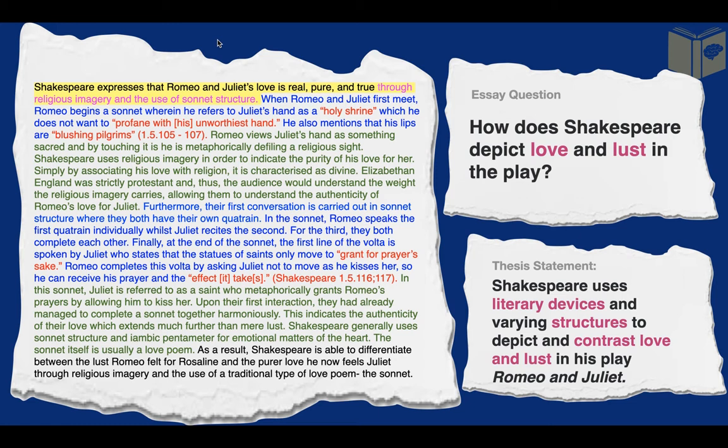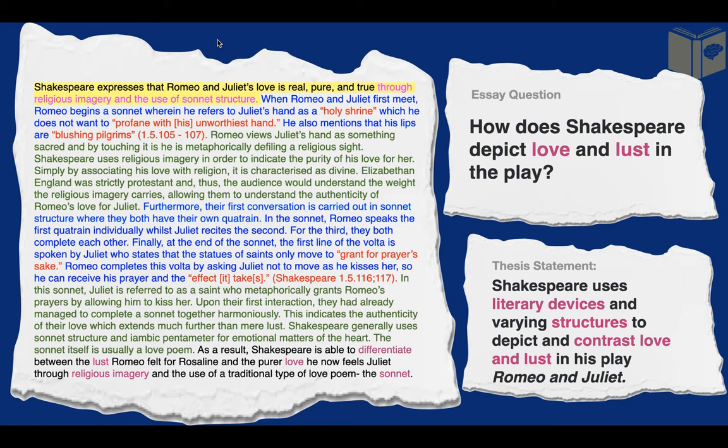And I've written, as a result, Shakespeare is able to differentiate between the lust Romeo felt for Rosaline and the purer love he now feels for Juliet through religious imagery and the use of a traditional type of love poem, the sonnet. Again, I'm using the same language that's in the essay question and the thesis statement to support what I've said.